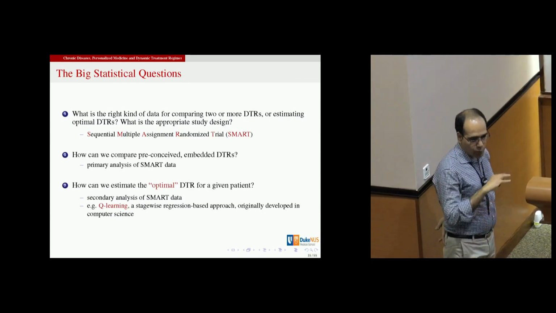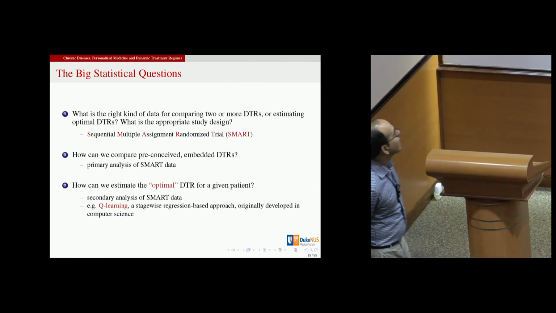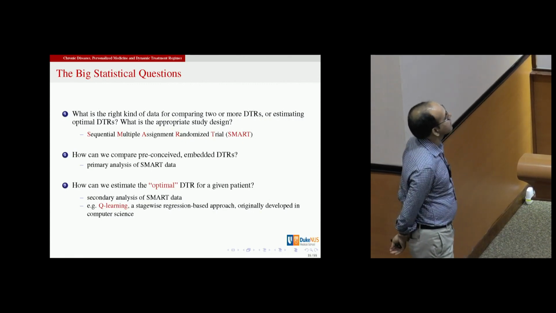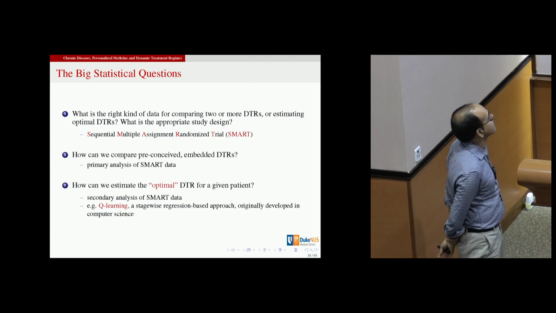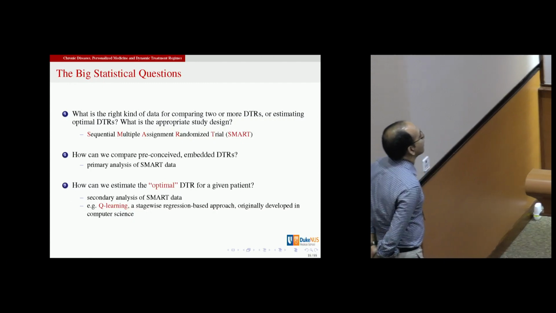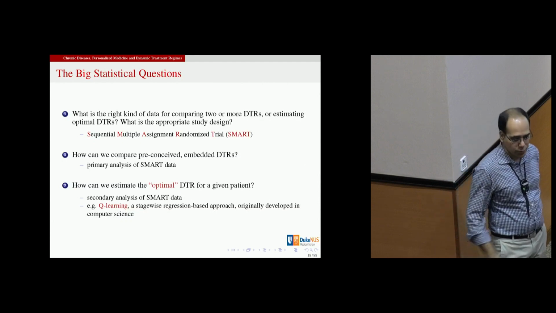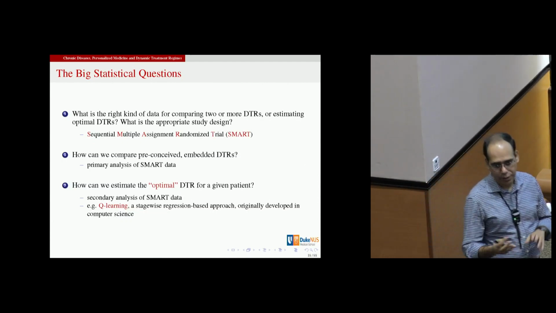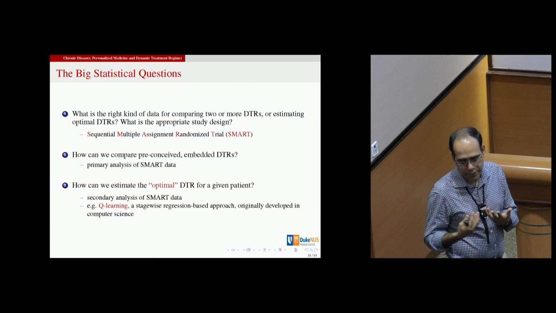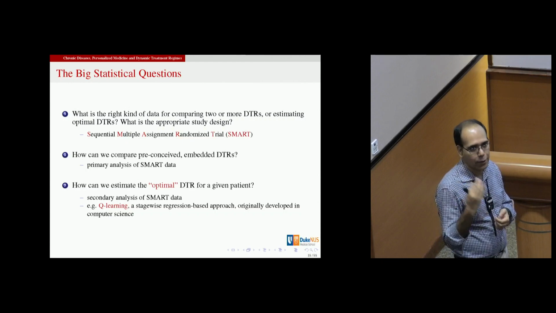Those were the more scientific questions, but now specifically statistical questions. What is the right kind of data for comparing two or more DTRs or estimating the optimal DTR? What is the appropriate study design? That's where the sequential multiple assignment randomized trial, or SMART, comes into the picture. Then how can we compare preconceived DTRs? Embedded DTR is another terminology that is used. These are rules already embedded within the trial, which you can easily extract, as opposed to extracting rules by incorporating artificial psi parameters, the threshold parameters.